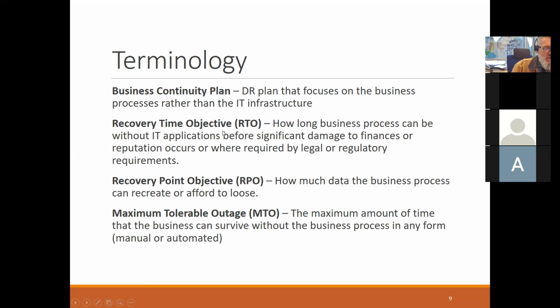One of the numbers relates to time: the recovery time objective. This is a number that the managers are going to put there, and they're going to say, we need to recover within X time: minutes, seconds, hours, days. If we don't, then we've got an existential threat on our hands. So if we can recover in this time, we've met that, and we'll call that number our recovery time objective.